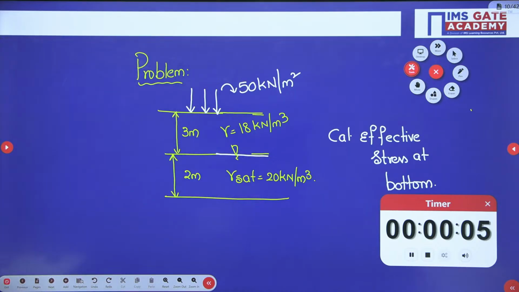Please give a try with this problem, and let me know the final answer.